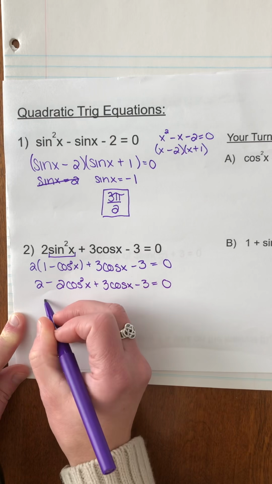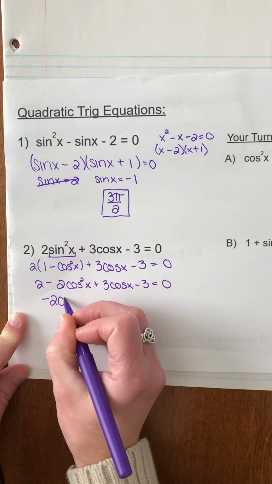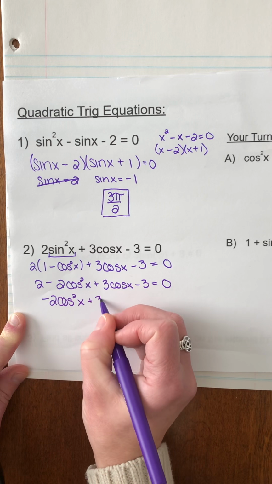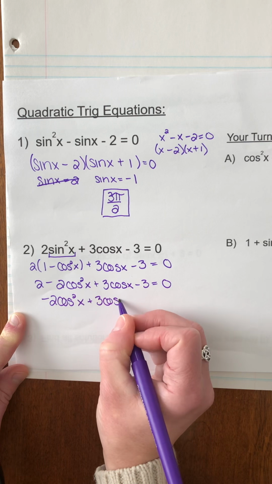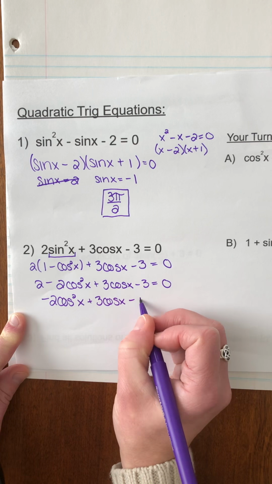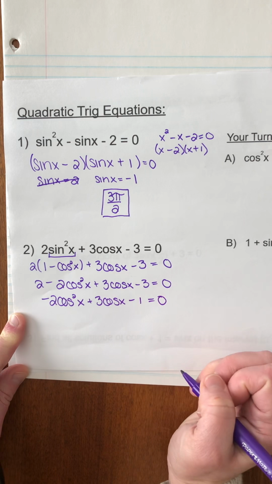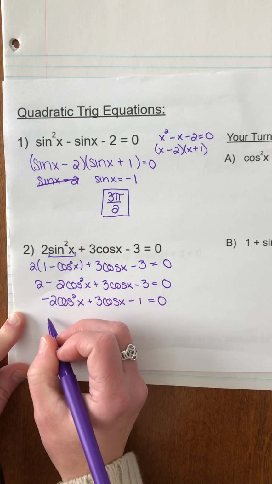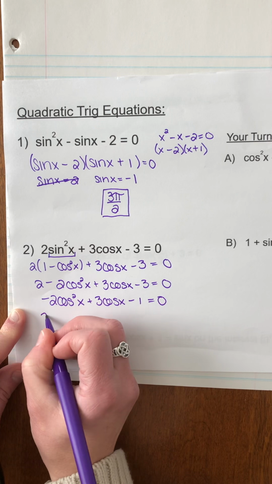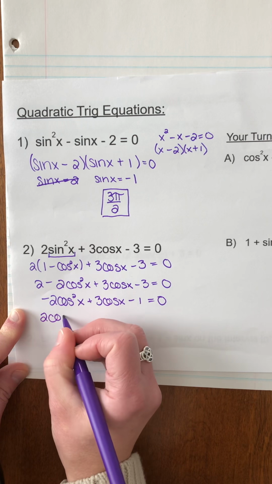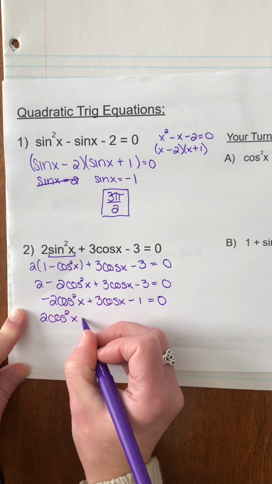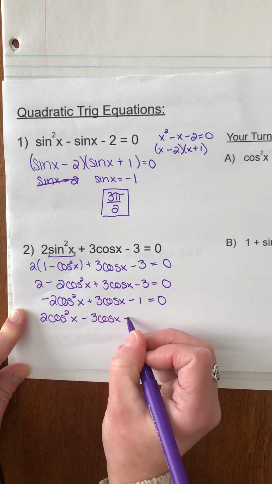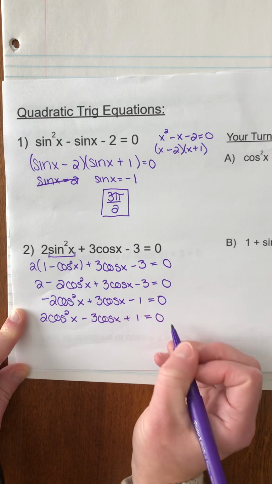Then I combine like terms, so I get negative 2 cosine squared x plus 3 cosine x minus 1 equals 0. Then I multiply everything by negative 1 to get rid of the negative in front. So we get 2 cosine squared x minus 3 cosine x plus 1 equals 0.